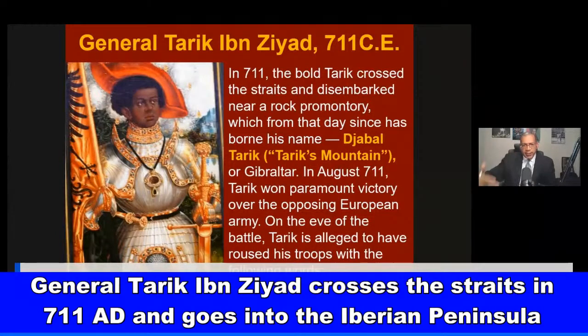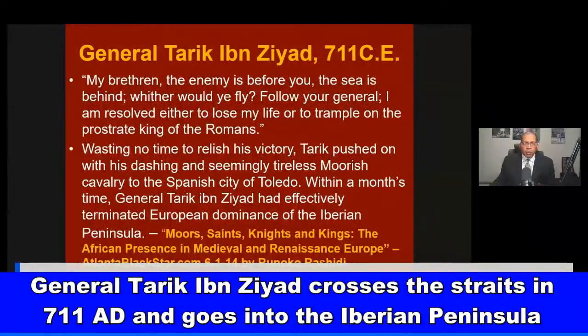Then in 711 AD, Tariq ibn Ziyad goes in also, okay? And wasting no time to relish his victory, Tariq pushed on with his dashing and seemingly tireless Moorish cavalry to the Spanish city of Toledo. Within a month's time, General Tariq ibn Ziyad had effectively terminated European dominance of the Iberian Peninsula.